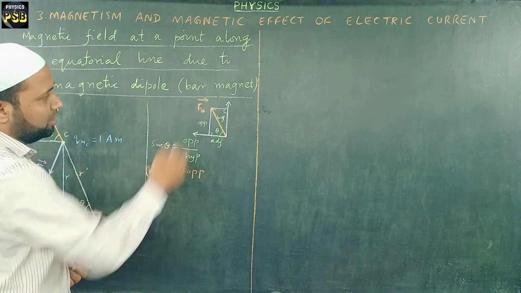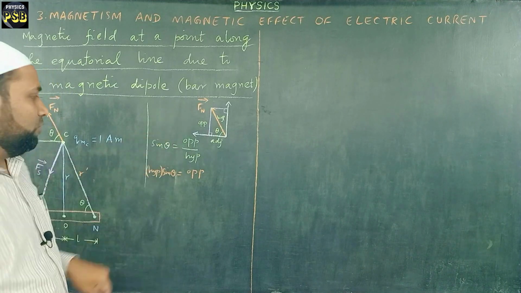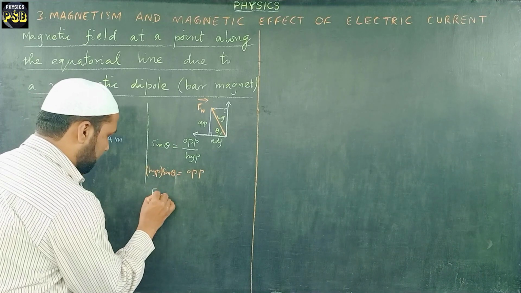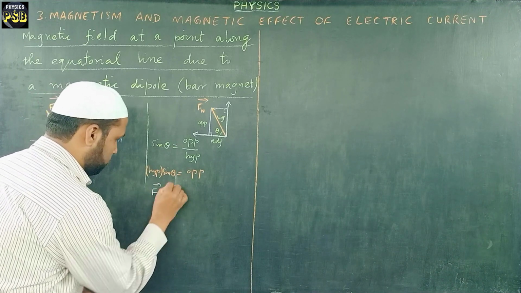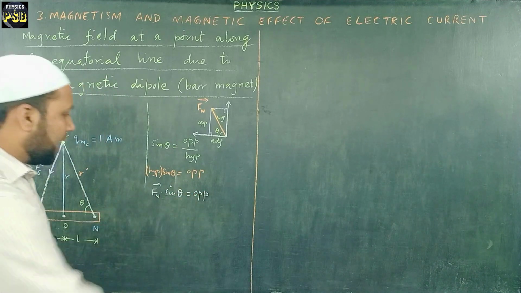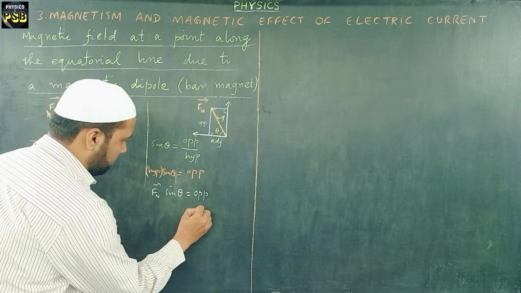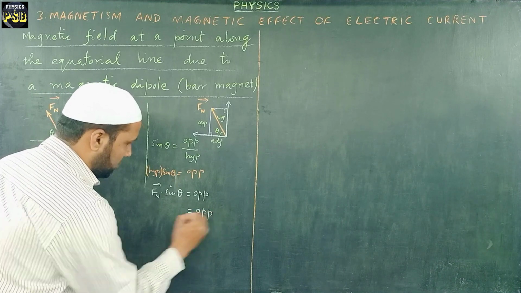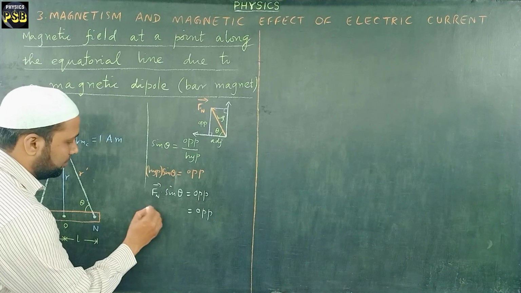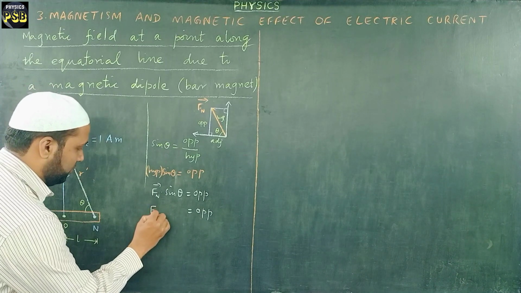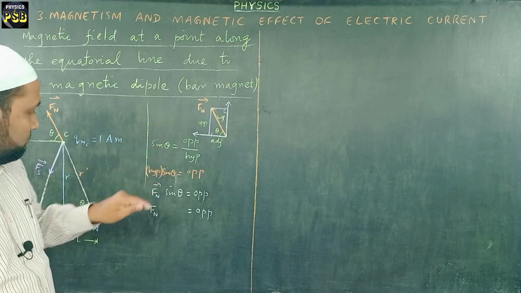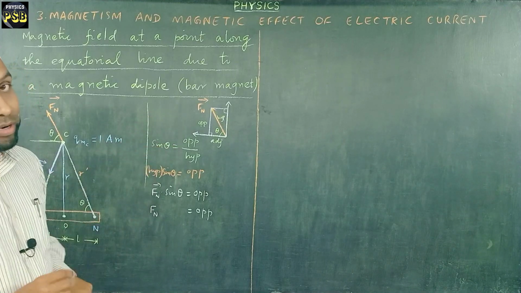Hypotenuse is nothing but Fn vector. Fn vector sin theta equals the opposite side. Now the opposite side can be written this way: instead of Fn vector, I take Fn and include the unit vector.